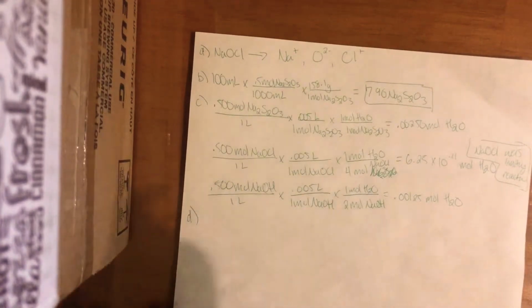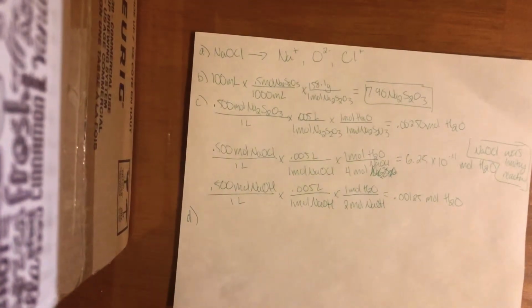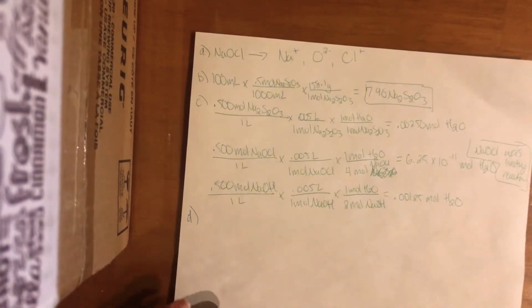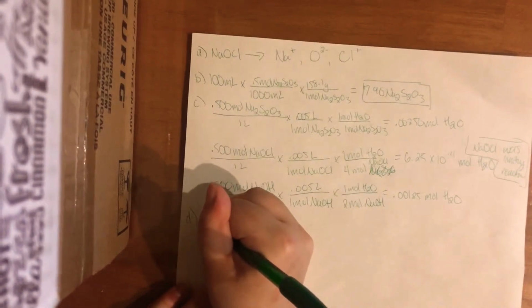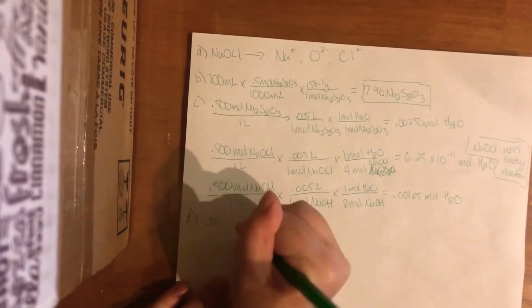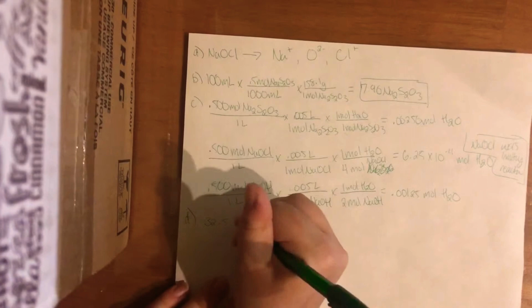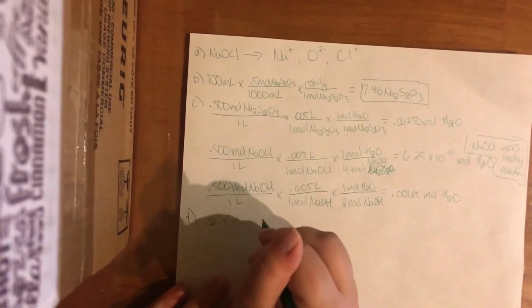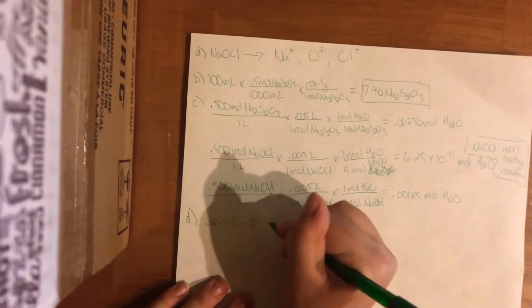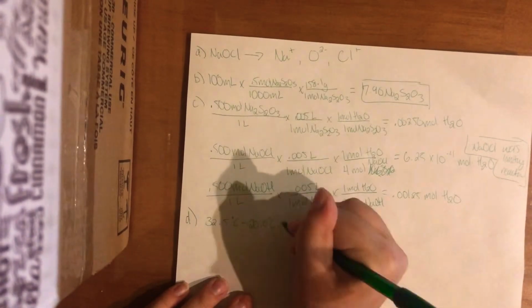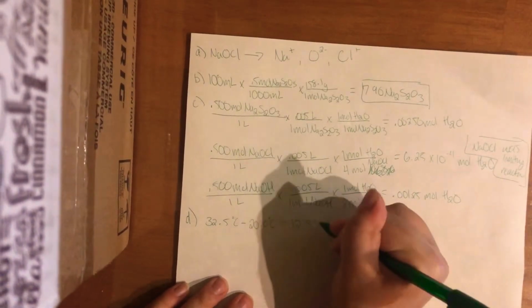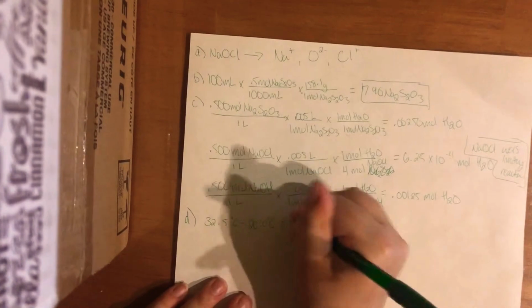So technically you're doing the equation, change in temperature equals final temperature minus initial temperature. From the graph, the final temperature is 32.5 degrees Celsius, and the starting temperature is 20 degrees Celsius, and you get 12.5 degrees Celsius as your change in temperature.